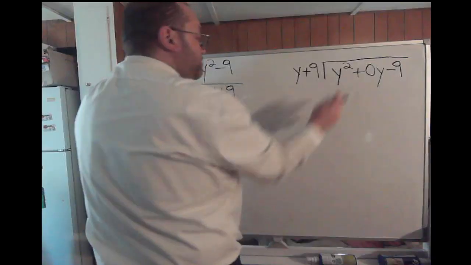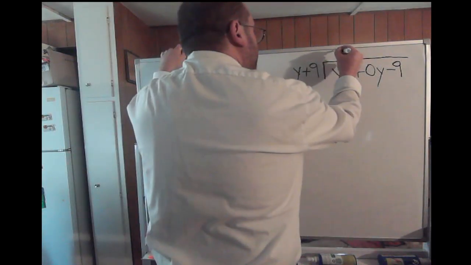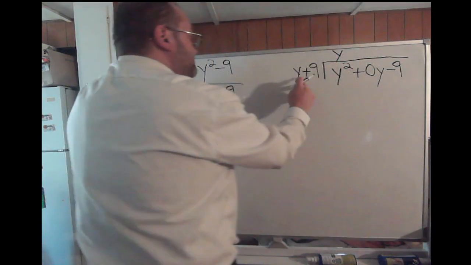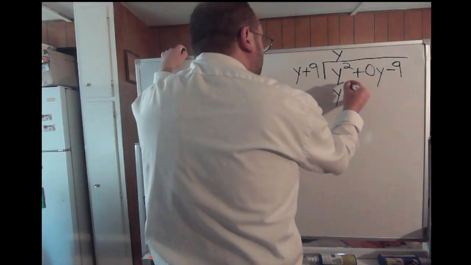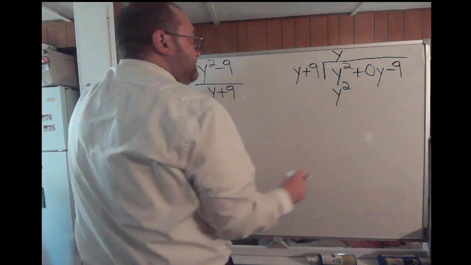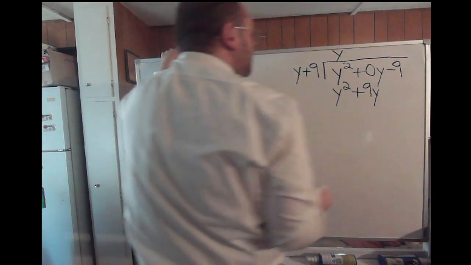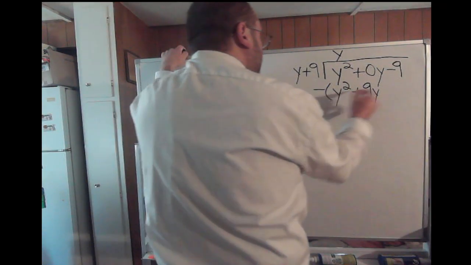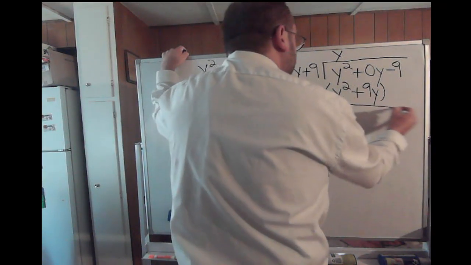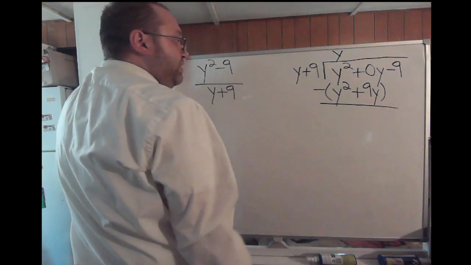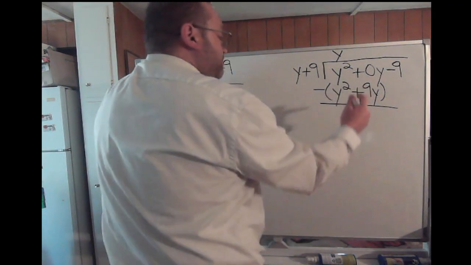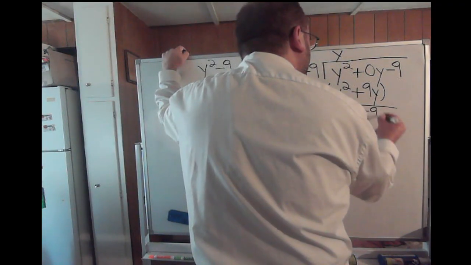Now y times what equals y squared? Well, that'd just be y. Y times y, that's y squared. And then y times positive 9, that's going to be plus 9y. So now you'll subtract the whole quantity of what you just got from the dividend. Y squared minus y squared, that's 0. 0 minus 9y, that's negative 9y.